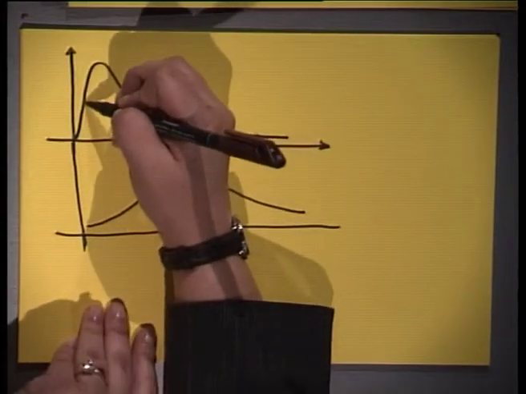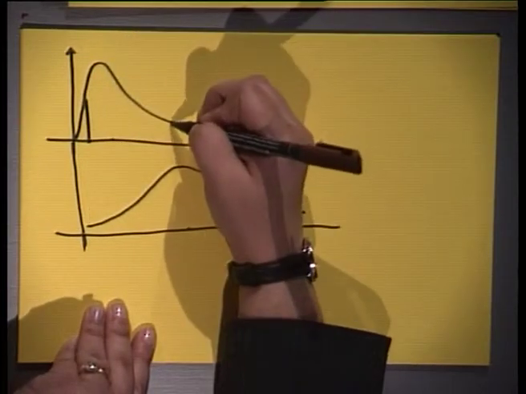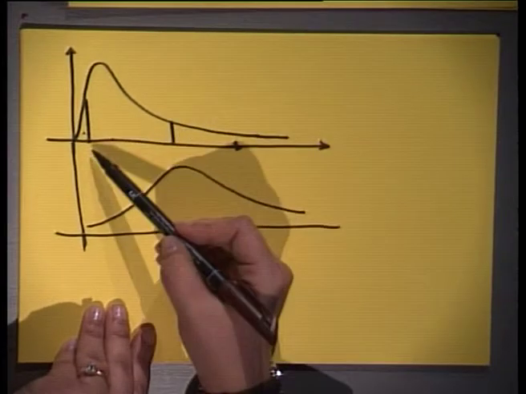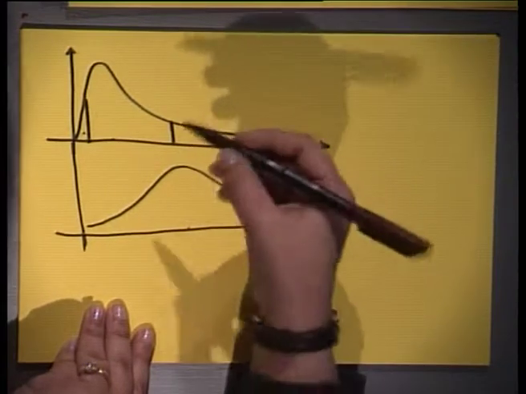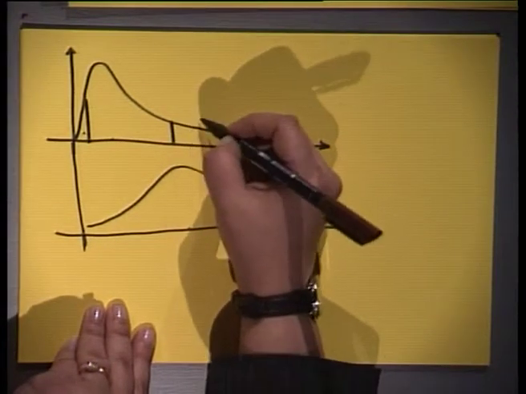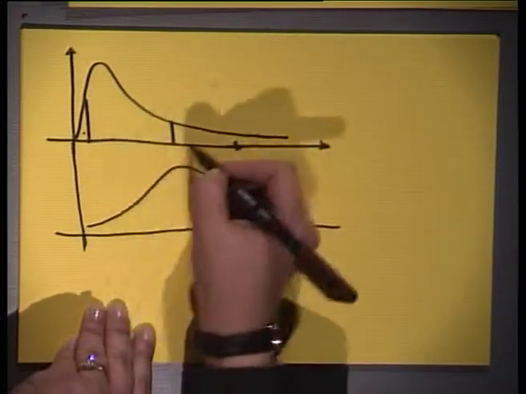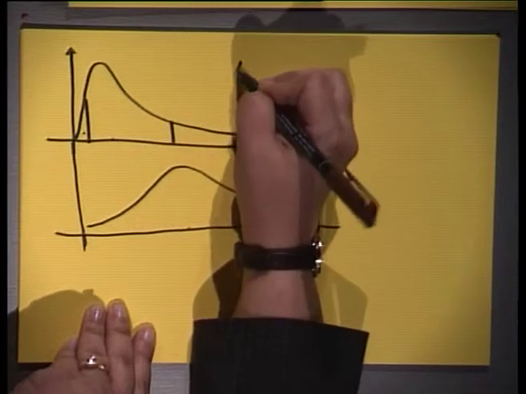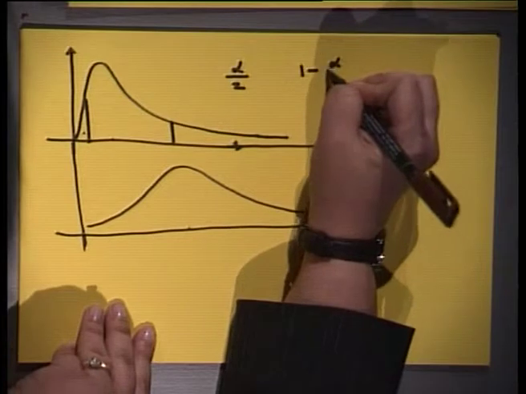So here, the areas we calculate do not cover the area A over 2 and minus A over 2 points, but as we said before, it will be A over 2 and 1 minus A over 2.